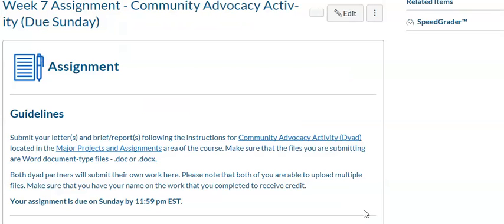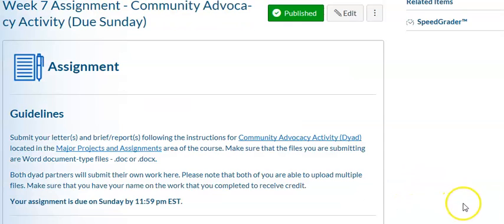The last assignment is the written assignment, and we went over it last week. You are now posting your actual press release or letter to the editor, and each of you is to contribute again where there's a triad for your group.